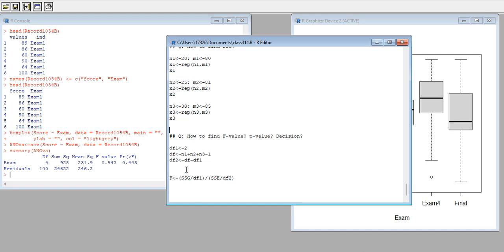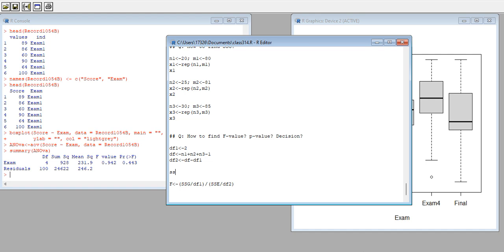Okay, so what is SSG? SSG is just the data, so we put the total x.